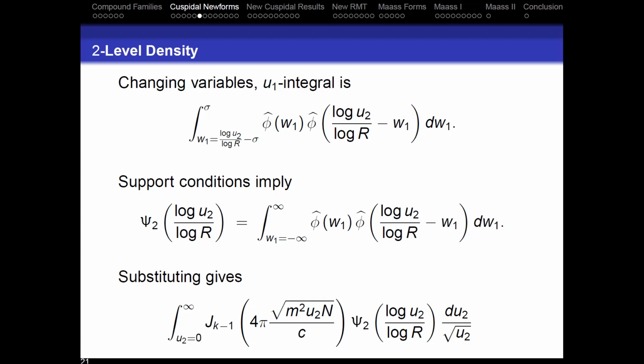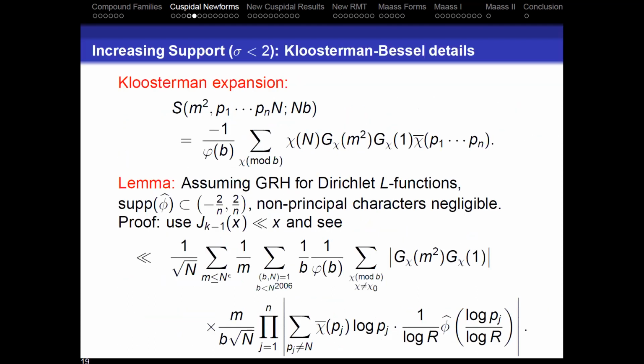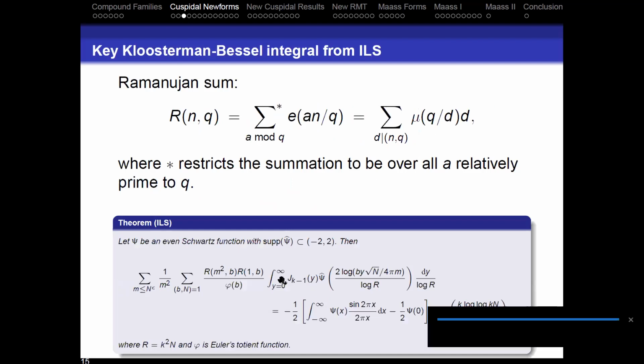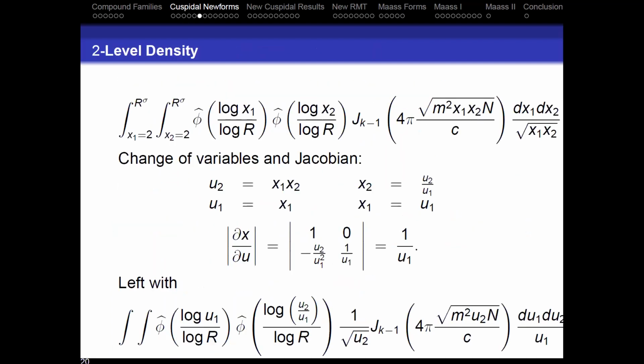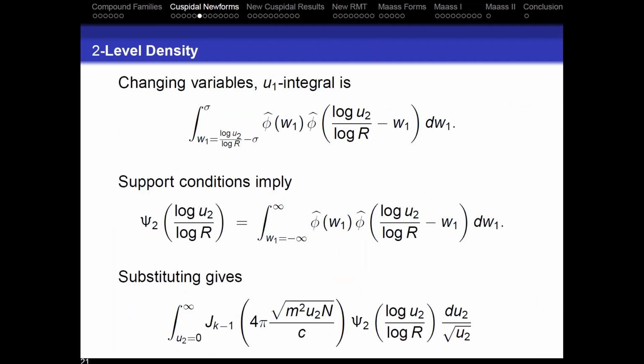Does this look like anything we've seen? The one-level calculation? Yeah, if we go back to what Iwaniec-Luo-Sarnak did, it looks very much like what they had over here. So we can now use the Iwaniec-Luo-Sarnak result and just plug that in.